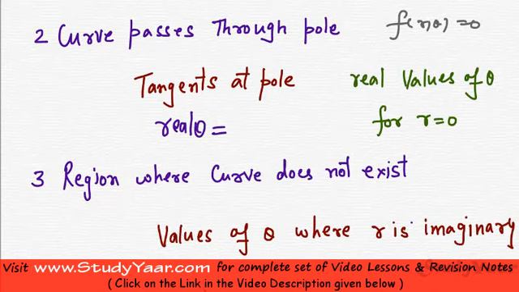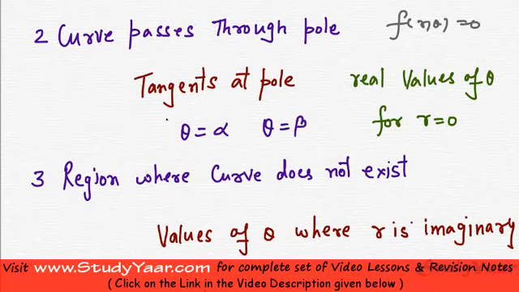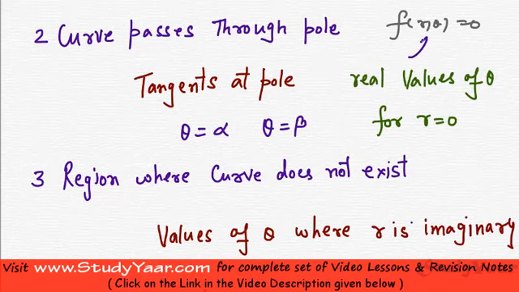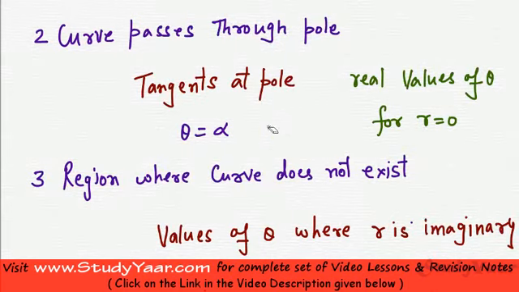Say you get theta equal to alpha and theta equal to beta. Corresponding to these values you would have tangents at the pole. The tangents at the origin are given by putting r equal to 0 in the given equation, and this also tells you whether or not the curve passes through the pole.